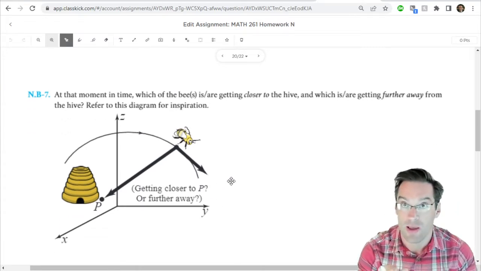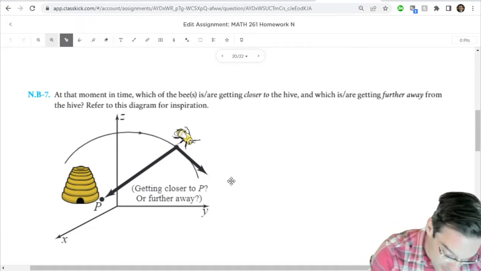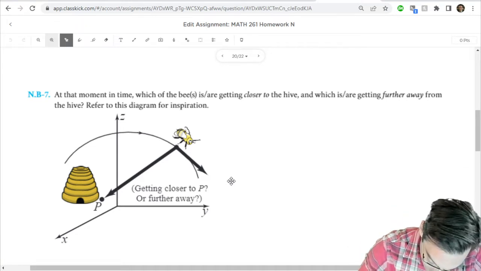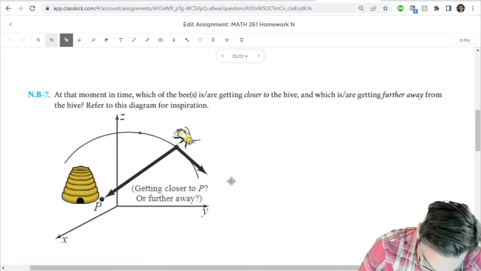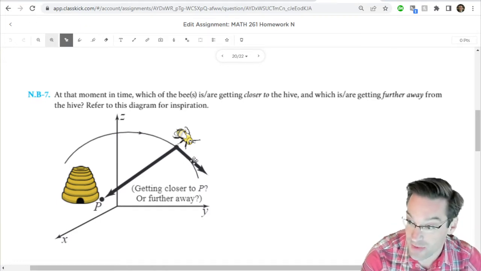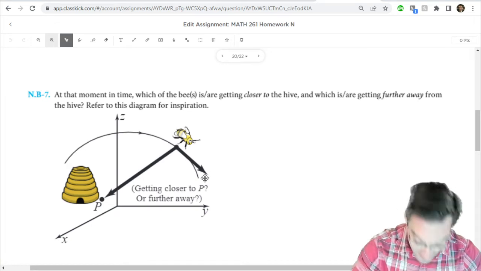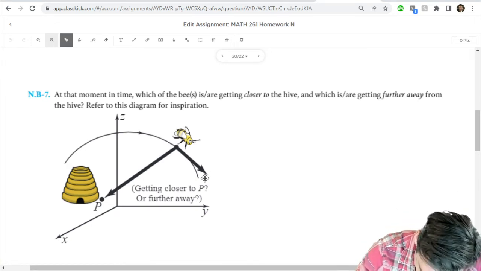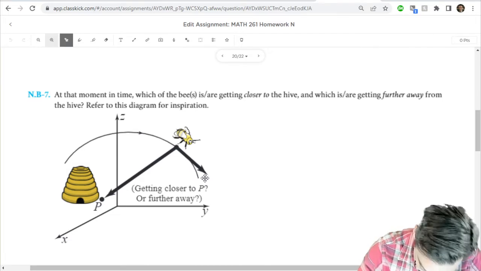I think if we just annotate this diagram a little bit, that could help to get us started. The first thing that we have for each bee is a velocity vector that shows us at that instant in time how their position inside of XYZ space is changing.